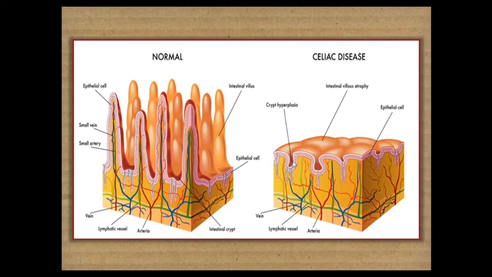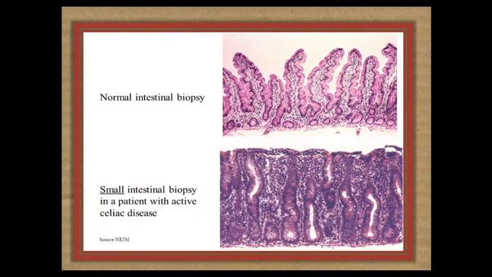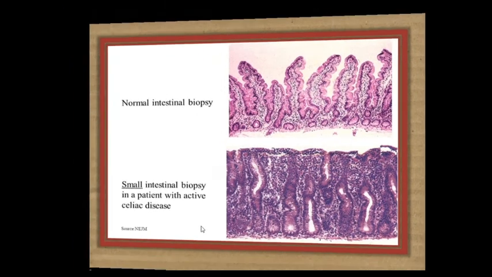And this will increase the permeability of the intestinal lumen to the gliadin, to be passed to the wall of the intestine and received by the tissue transglutaminase, which presents it to the T helper lymphocyte system. And this is a real picture from the biopsy showing the difference between the normal intestinal biopsy and small intestinal biopsy in patients with active celiac disease.